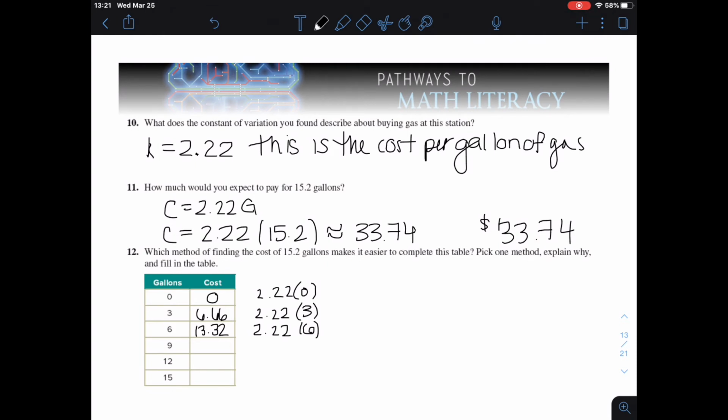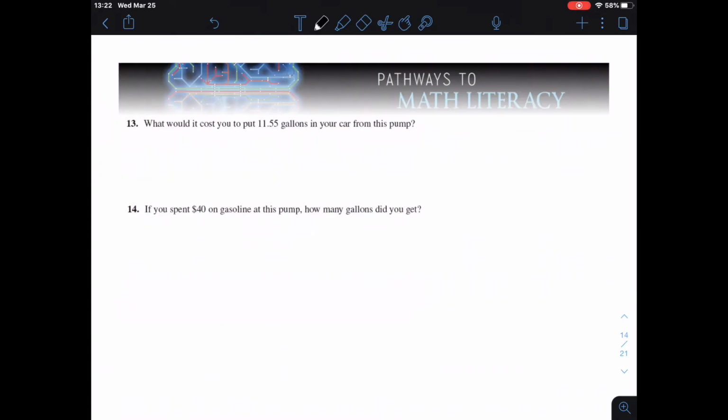Likewise, you're going to just take 2.22 times 9, 2.22 times 12, and then multiply by 15. And you're going to find out it would be $19.98 for 9 gallons. For 12 gallons would be 26.64, and then for 15 gallons, 33.3. Okay.